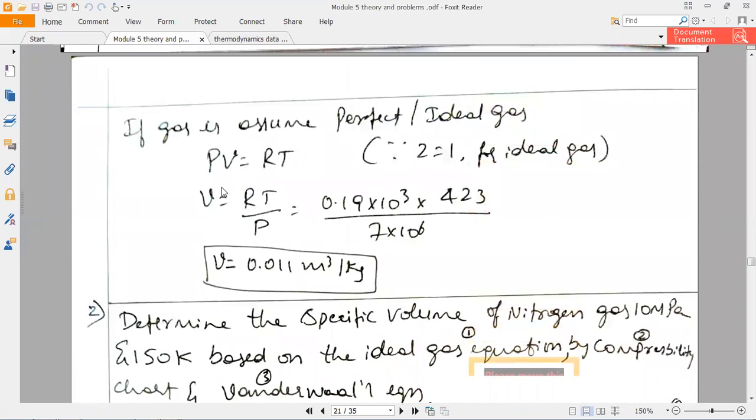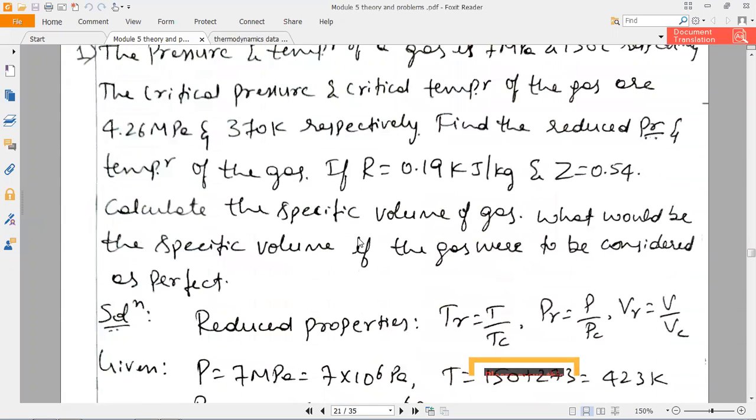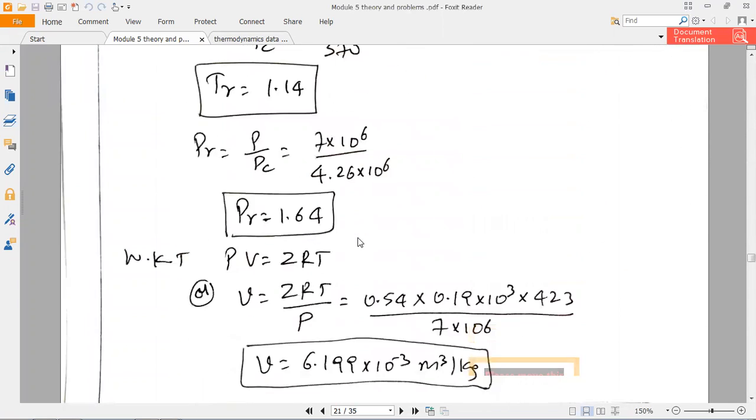Now take the ideal gas equation, PV is equal to RT. So V is equal to RT by P. R is given, temperature is the existing temperature, P is the existing pressure. Substitute the values and you'll get 0.011 meter cube per kg. This is a very simple problem because the critical pressure and critical temperature are given.